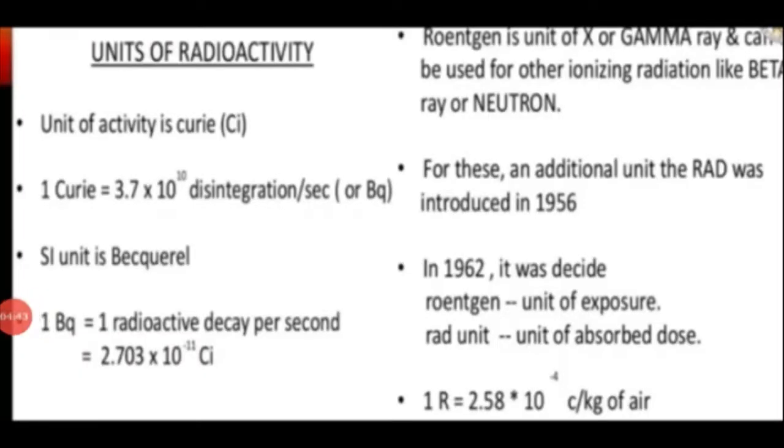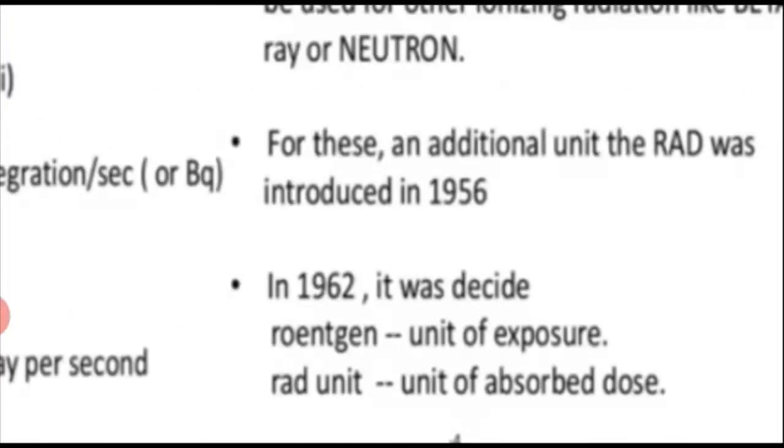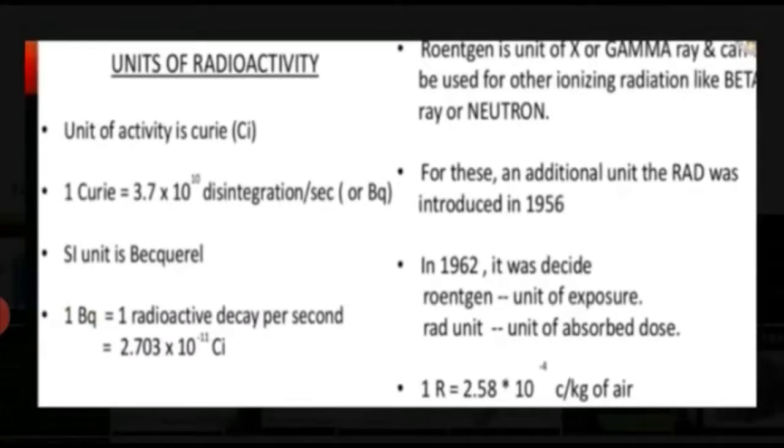Units of radioactivity. The Curie is the traditional unit of radioactivity, defined as the quantity of radioactive substance which undergoes 3.7 into 10 to the power 10 disintegrations in 1 second. 1 Curie is equal to 3.7 into 10 to the power 10 disintegrations per second.